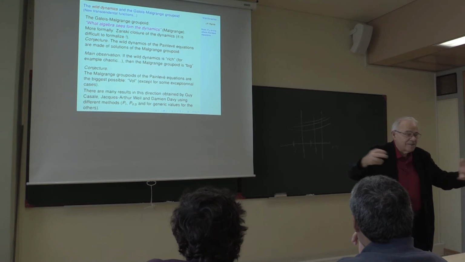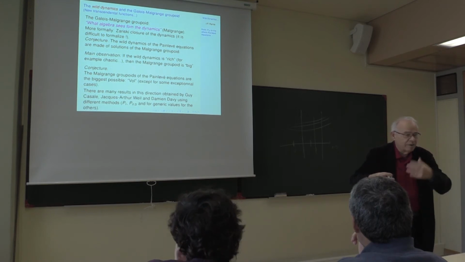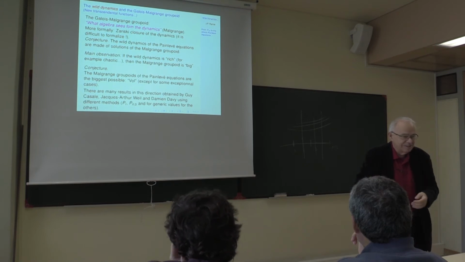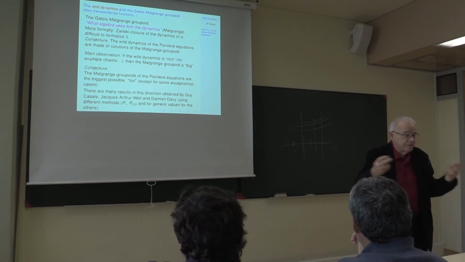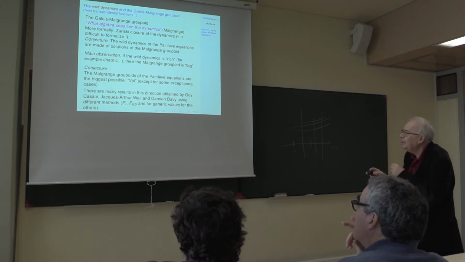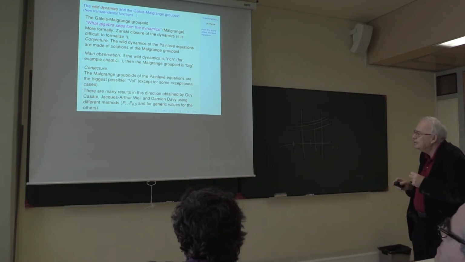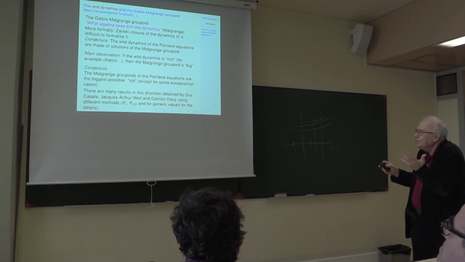The conjecture is that generically it is a groupoid conserving only the volume, the biggest possible groupoid with symplectic symmetry. There are many results in this direction, but it's not yet proved.